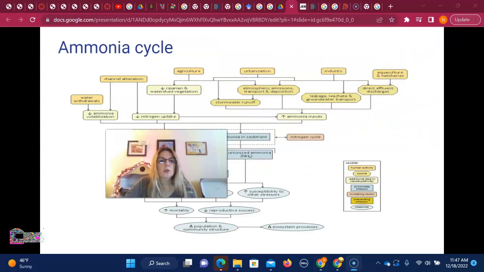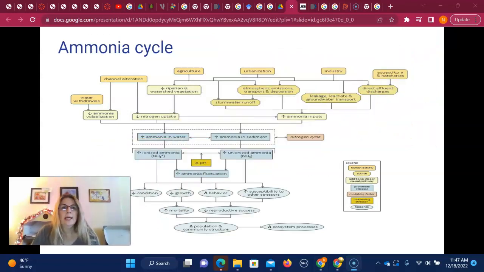This flow chart shows more in depth the way that ammonia is entering the waterways as well as how it is affecting the fish population.